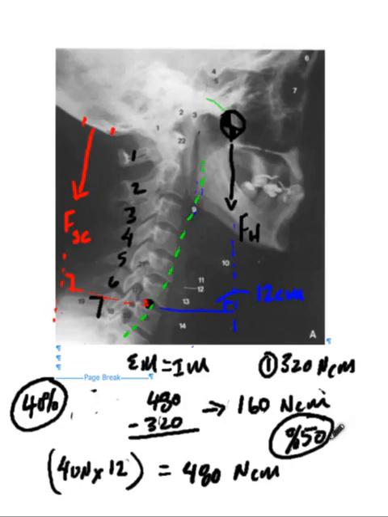And so essentially, just by focusing on the external load and noting that the external load increases by 50%, we have almost a match in terms of the amount of increased demand on the internal load, say, for example, in the splenius capitis muscle.